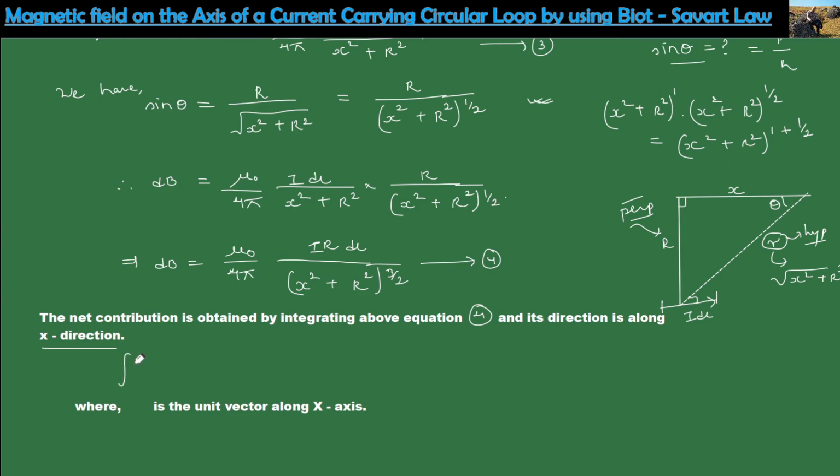We have to integrate over this dB, and all this dB will be along the x direction. So I will write the integration of dB, which will give us the value of B, with the direction i cap.